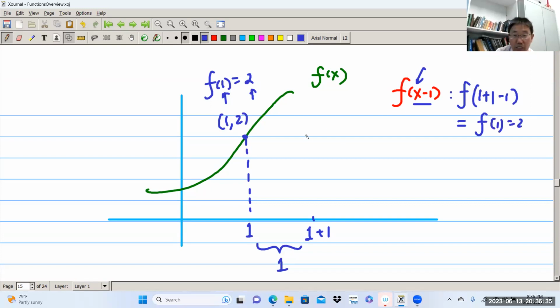So at this location here, at 1 plus 1, you get the same output. You see that? Same output. So any point on f of x, you can find the corresponding point 1 unit to the right. That means the graph of this function is just a horizontal shift of this graph.